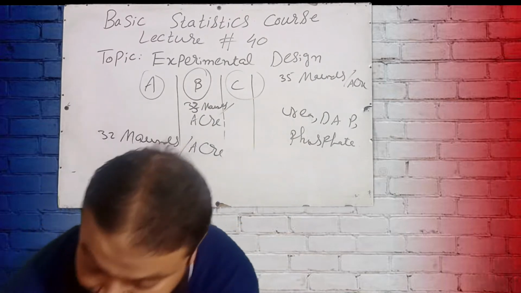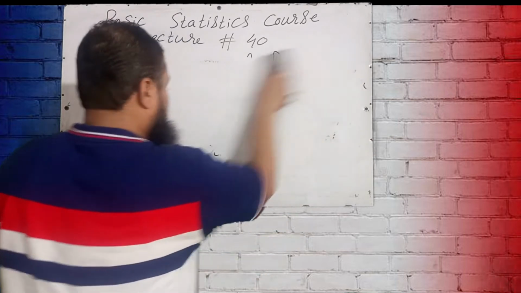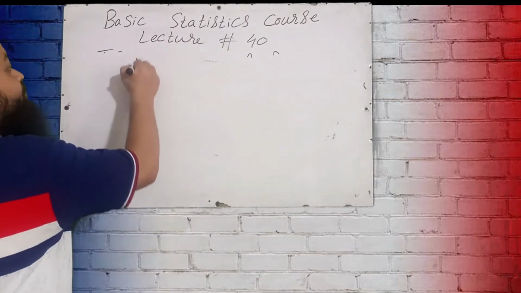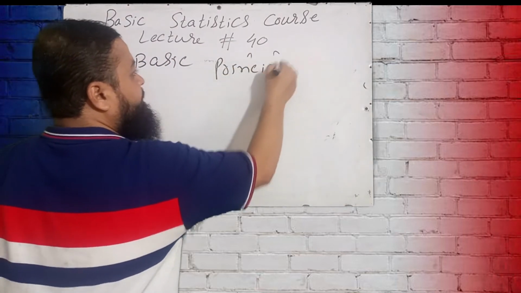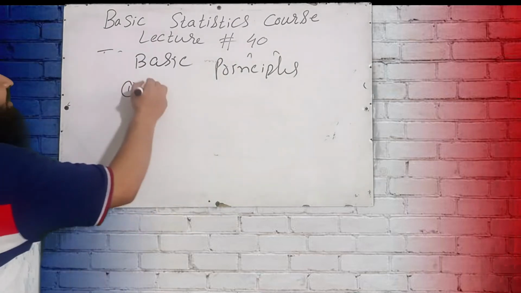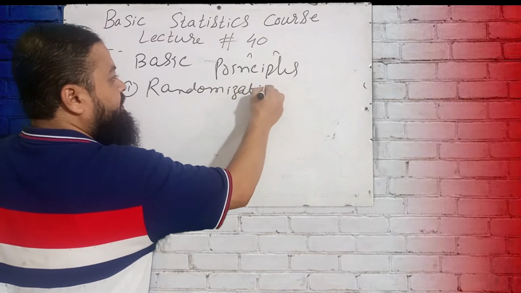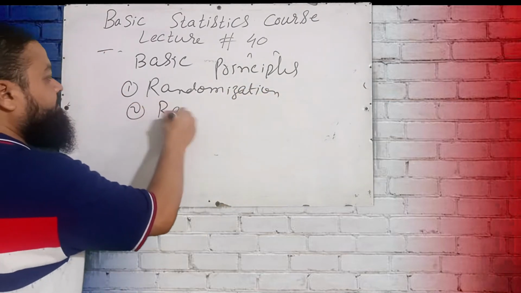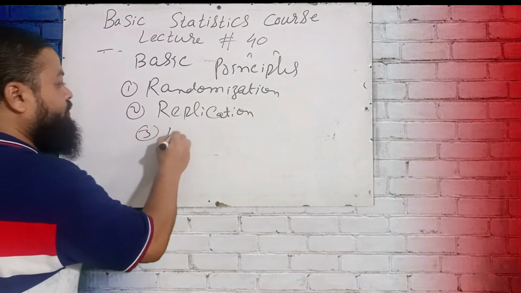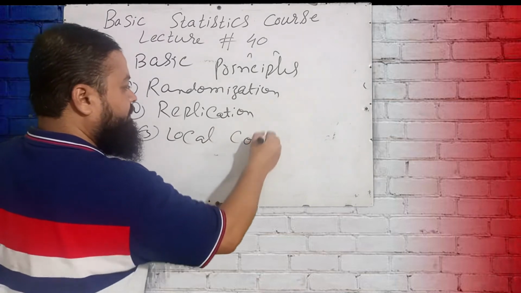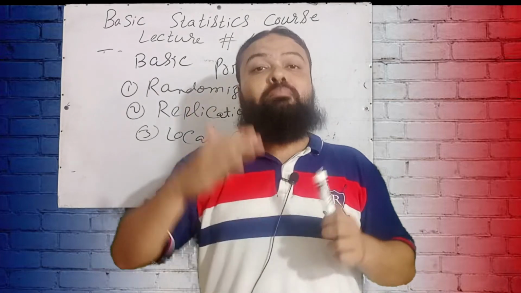Dear students, at the end I want to discuss some important points with you. As I told you, the basic principles of experimental design. The first one is randomization. Second one is replication. Third one is local control. We have discussed these three basic principles briefly in the last lecture.